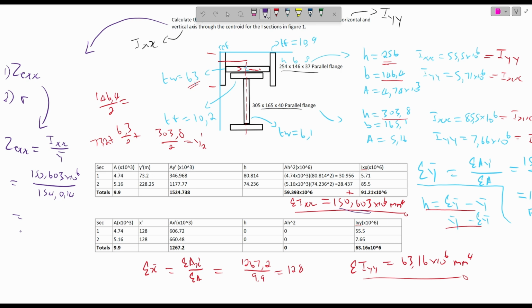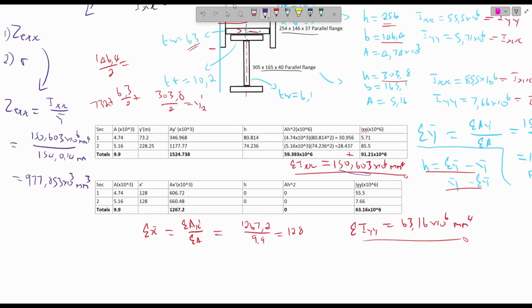Then you get 977.853 times 10 to the 3. I think this is in millimeter cubed. So we have millimeter 4 and millimeter. One cancels and then you're left with millimeter cubed.